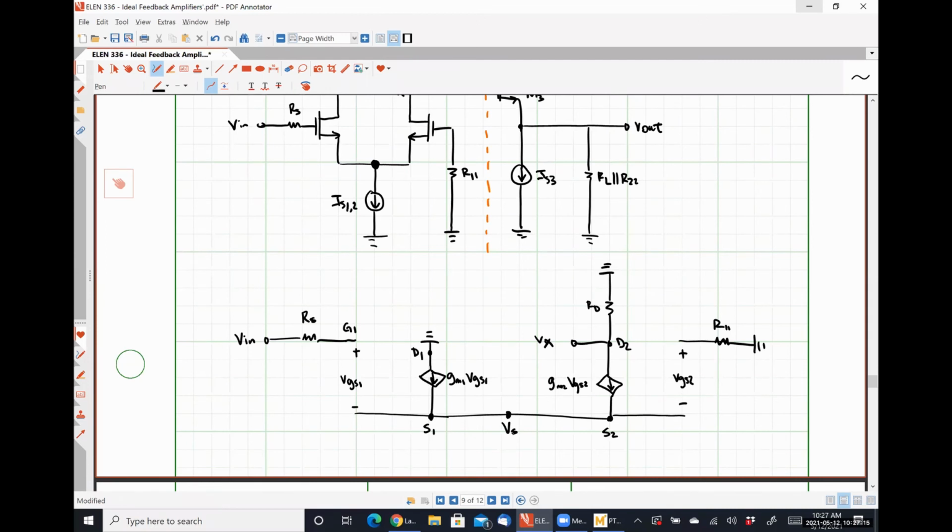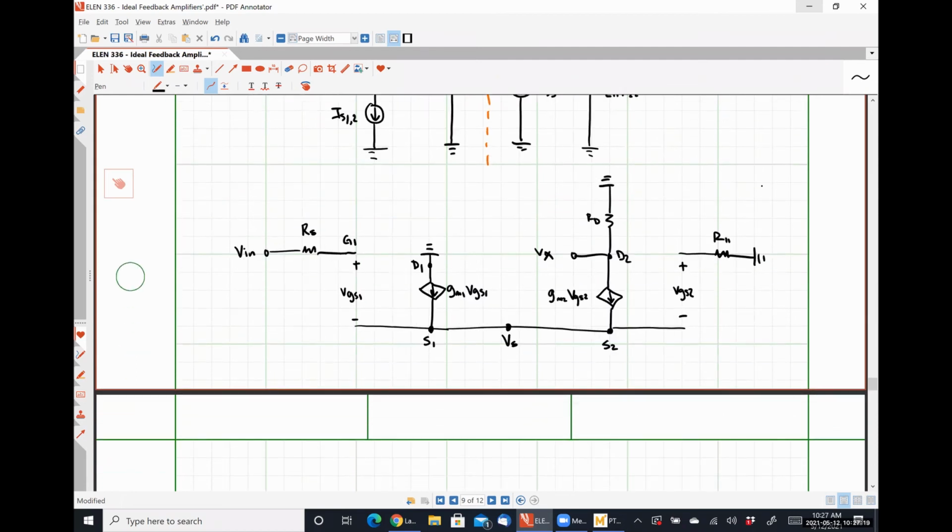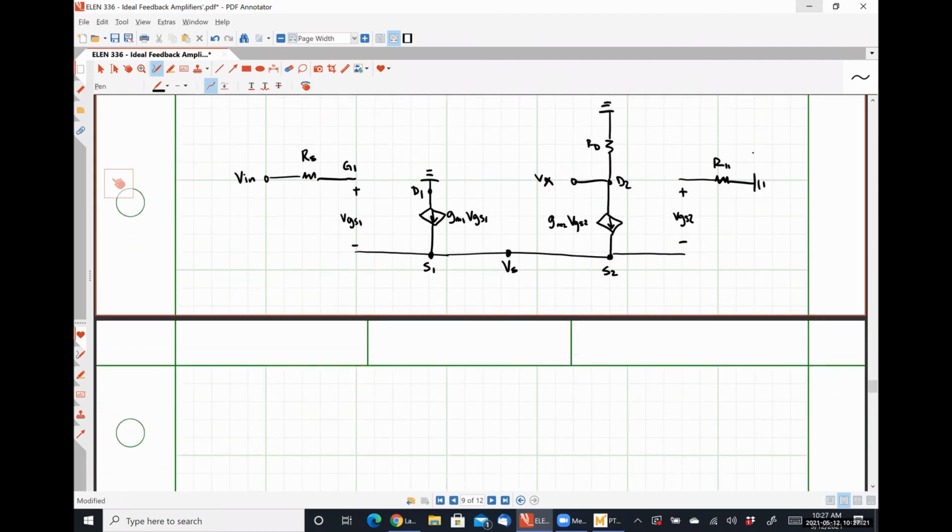All right, so I can make a couple of quick observations here. The first of which is that my voltage VGS1 is Vn minus Vs. Anybody have a problem with that? All right.